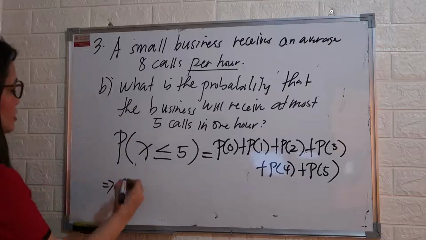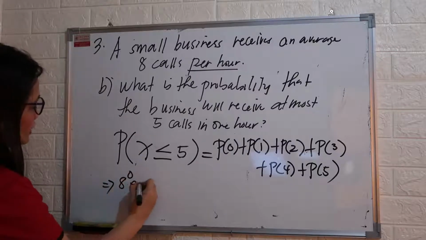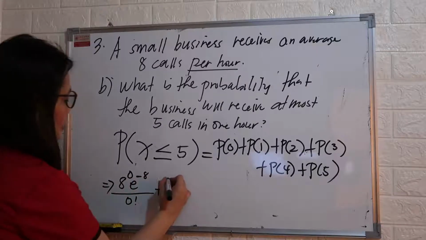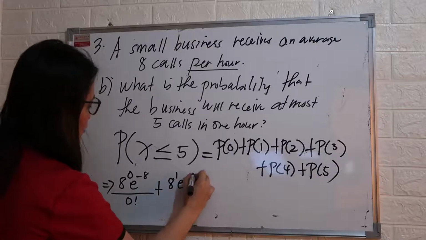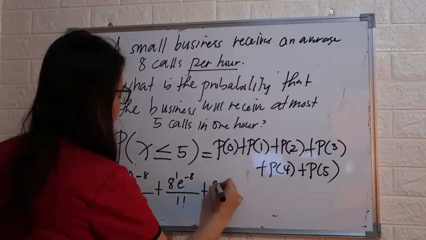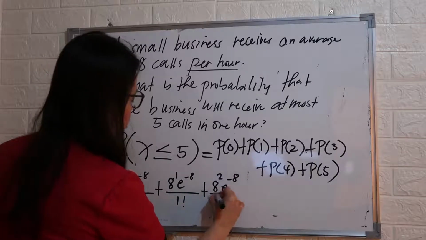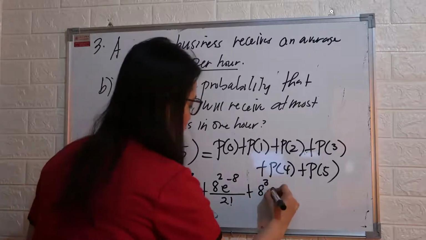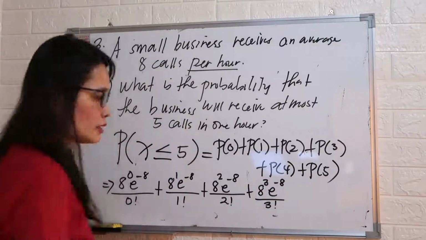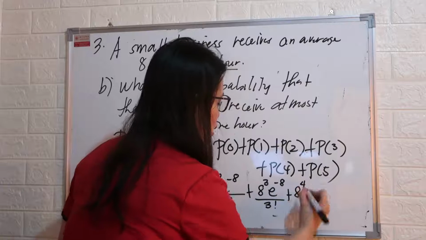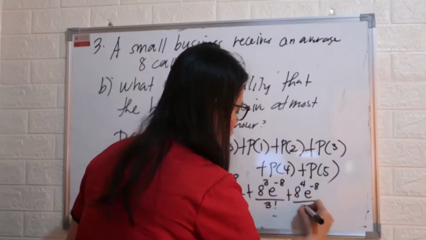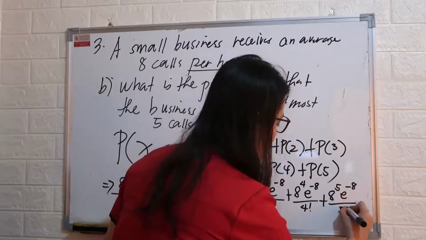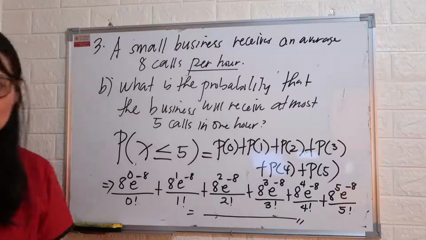So we have 8 raised to 0, e raised to negative 8 over 0 factorial, plus 8 raised to 1, e raised to negative 8 over 1 factorial, plus 8 raised to 2 multiplied by e raised to negative 8 over 2 factorial, plus 8 raised to 3 multiplied by e raised to negative 8 over 3 factorial, plus 8 raised to 4 multiplied by e raised to negative 8 over 4 factorial, plus 8 raised to 5 multiplied by e raised to negative 8 over 5 factorial. So therefore, what will be the answer?